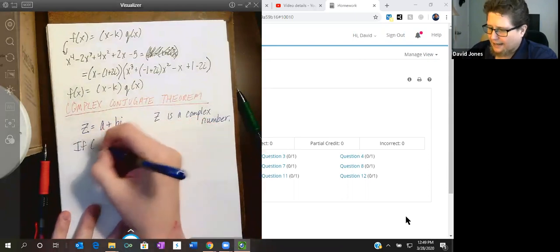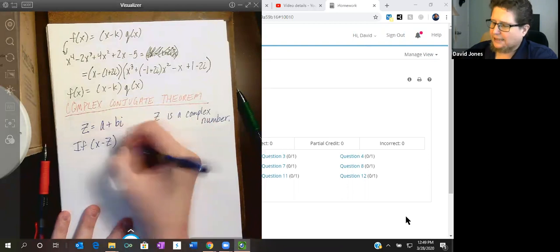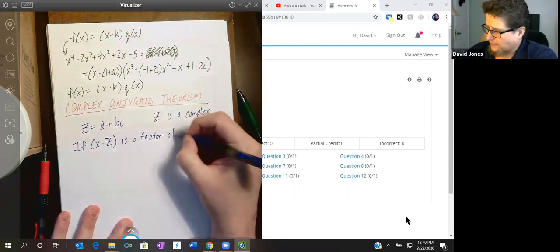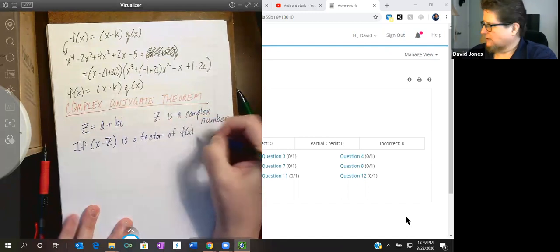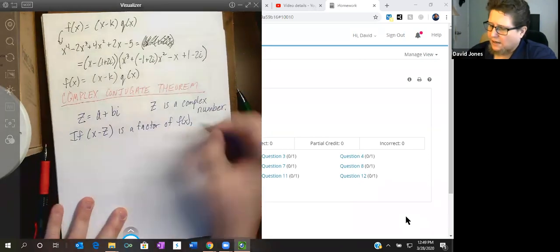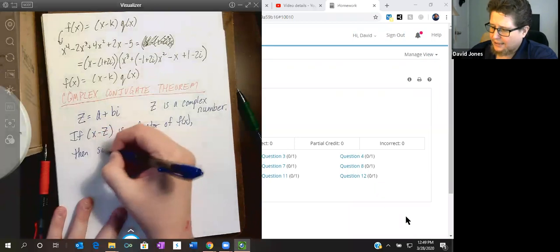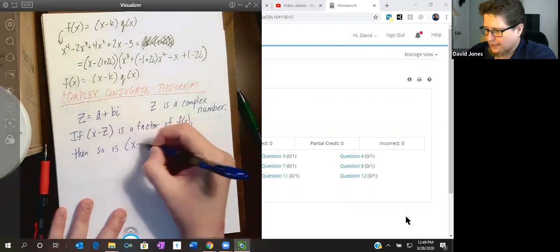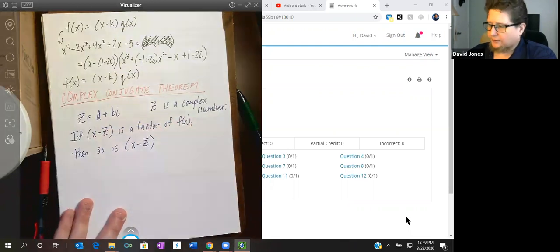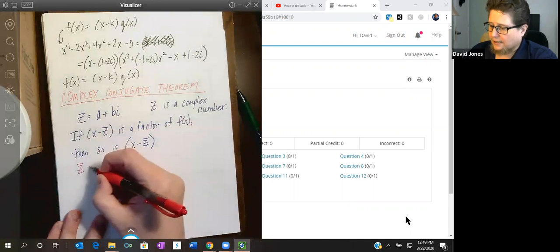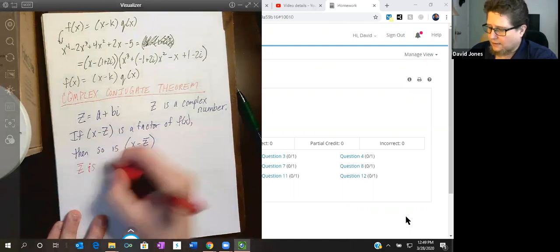If x minus z is a factor of f of x, then so is, and this is a new notation you've never seen before, x minus z bar. z bar is the complex conjugate of z.